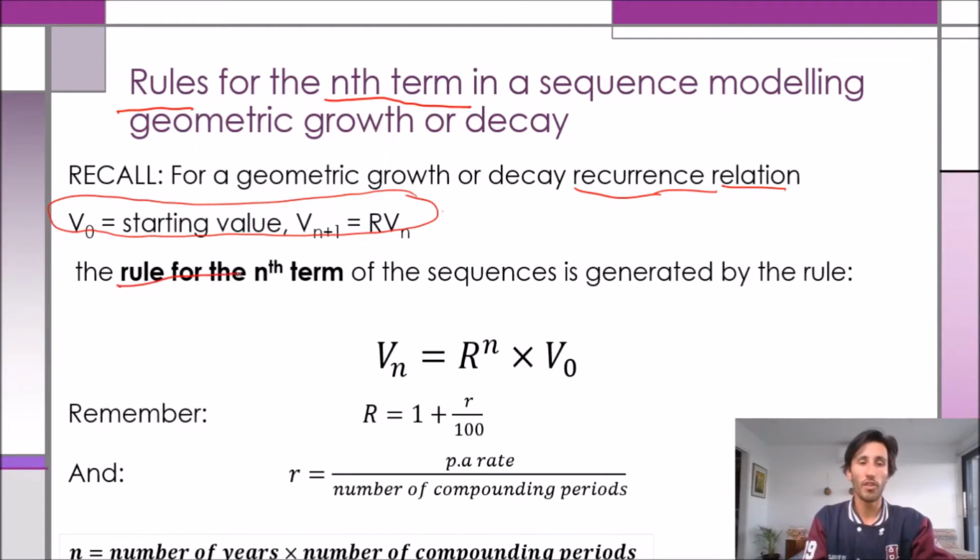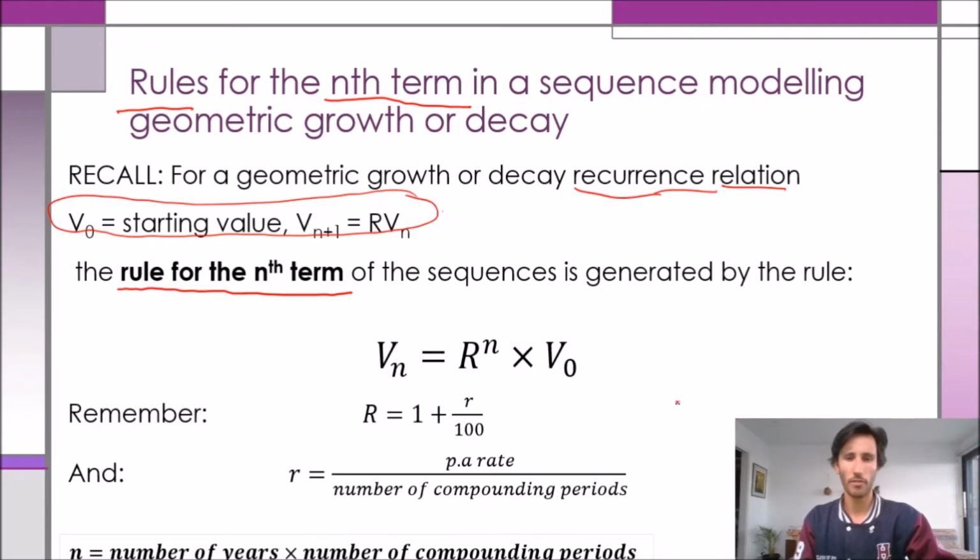So the rule for the nth term, sorry, that's horrible. Let's try that line again. The rule for the nth term is given by Vn equals R to the power of n times V0, where R is 1 plus r over 100, and r is the per annum rate divided by the number of compounding periods. Remember this from last lesson?